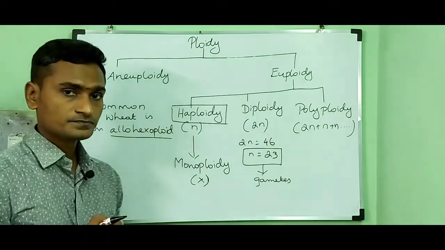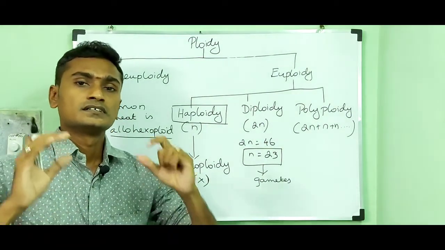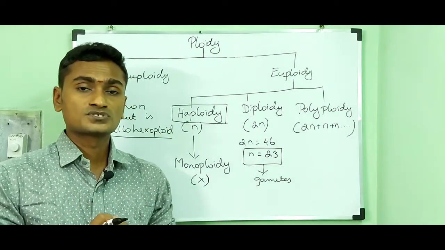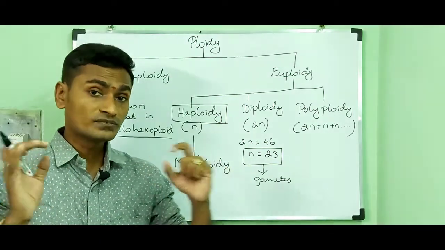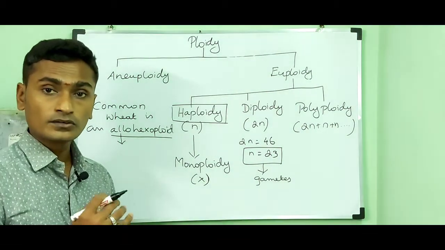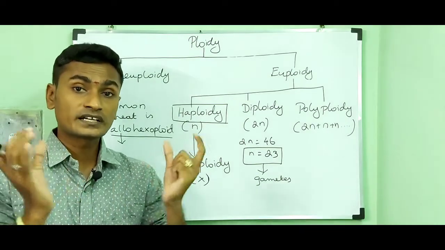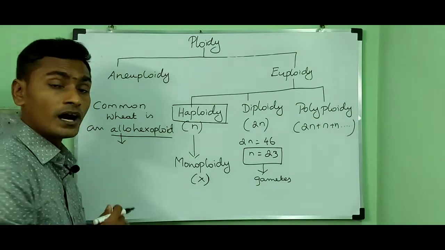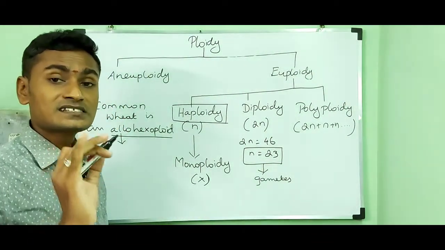Allo means one or more sets of chromosomes are derived from two different species, and that condition is called allopolyploidy. Hexaploidy means the organism contains 6 sets of chromosomes.